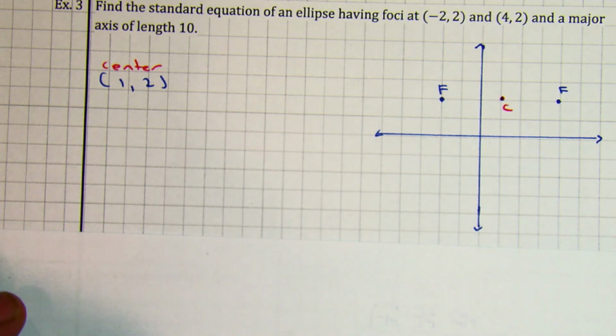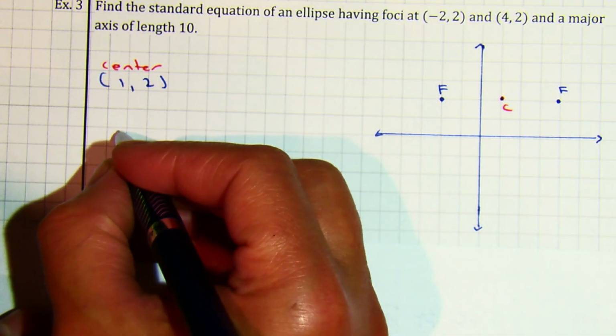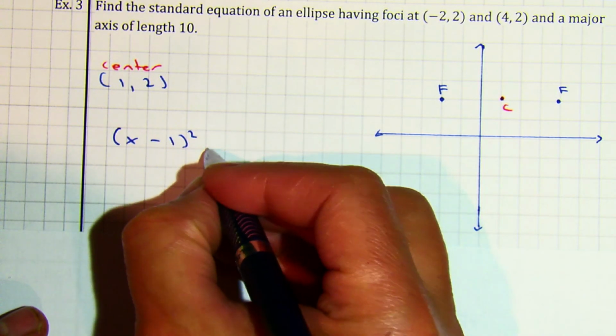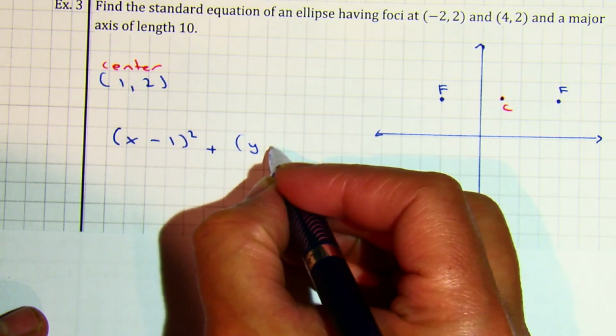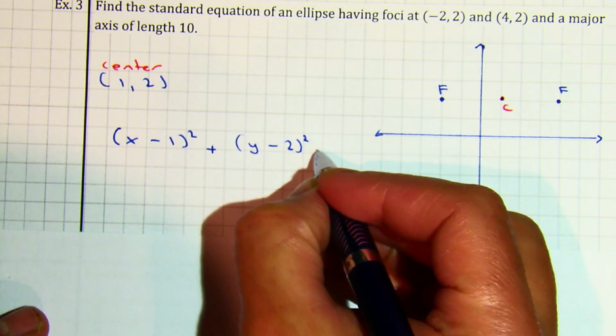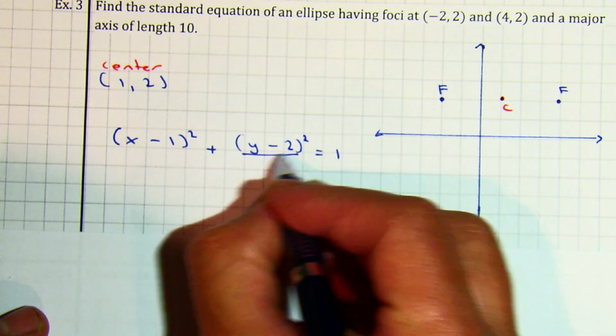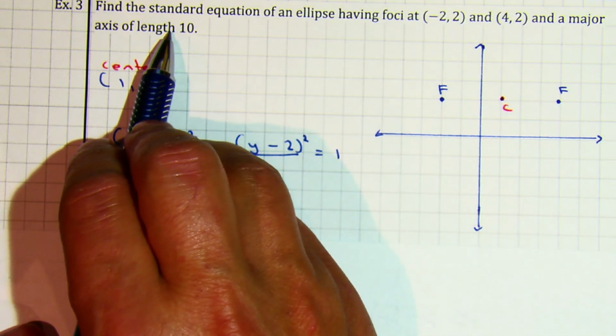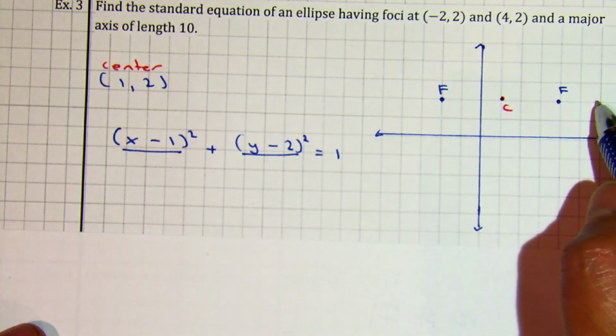So therefore, I can start shaping my ellipse. It will be (x minus h) squared plus (y minus k) squared equals 1. So I just need to be able to find those two values. They do tell me that the major axis is 10. That means from one side to another should be 10.